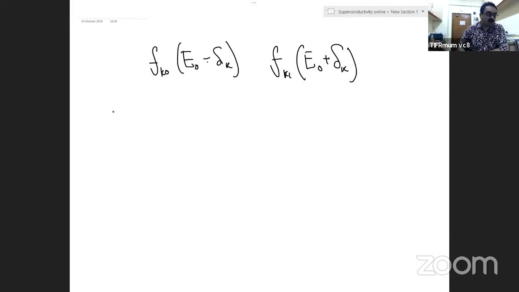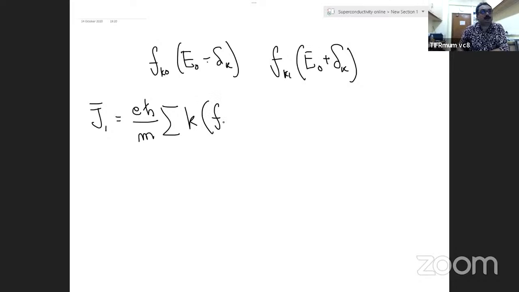Okay, so now I had the expression for J1, which was eħ/m summed over k, Fk0 minus Fk1.